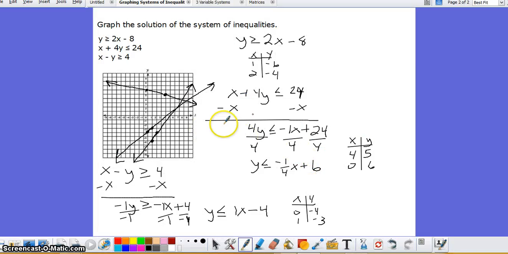So for the first one, greater than or equal to, we're going to have shading here. For the second, less than or equal to, we have some shading here. And again less than or equal to, so more shading right here.